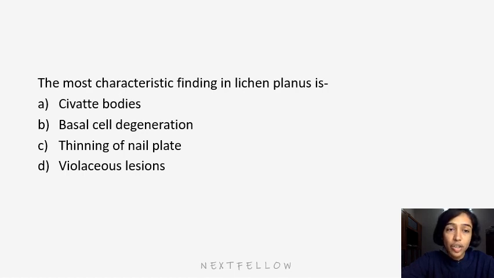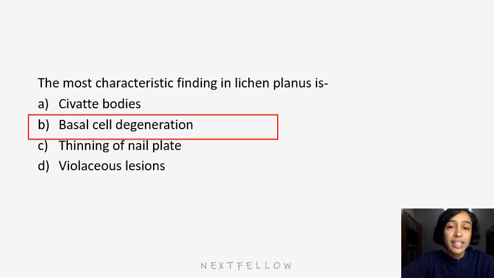Basal cell degeneration is quite characteristic of lichen planus and lichenoid conditions as well. Thinning of the nail plate is not seen exclusively in lichen planus. Violaceous lesions indicate lichen planus but can be seen in many other conditions as well. You may have erythema multiforme which may look violaceous on dark skin types. So that's not classical. Basal cell degeneration would be the best answer in this case.